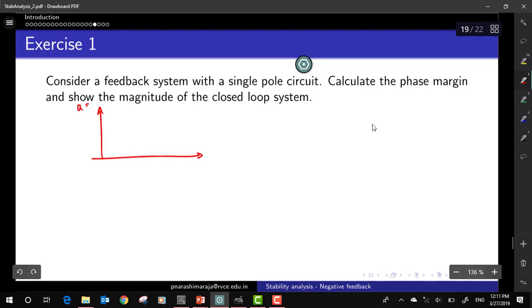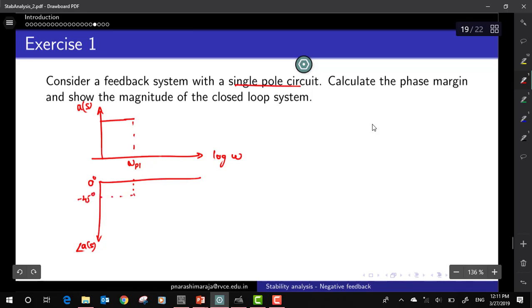This is my A of s, and there is a single pole, which I label omega p1, and this is the logarithmic scale of omega. I just want to plot the phase value. At this particular frequency, what would be the phase value? It is minus 45 degrees.